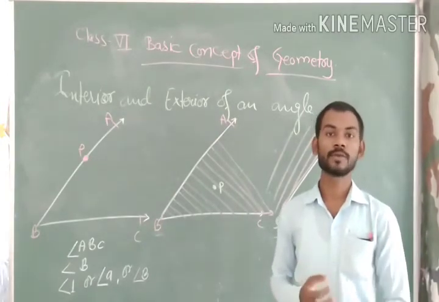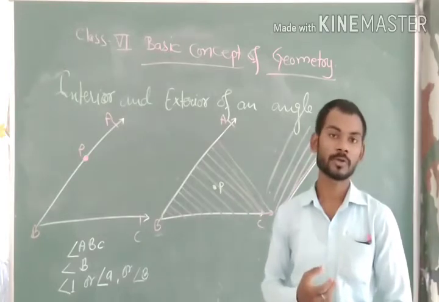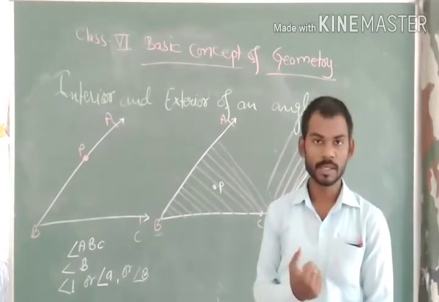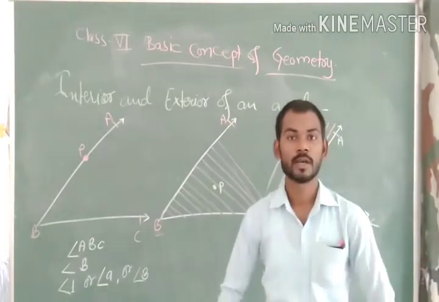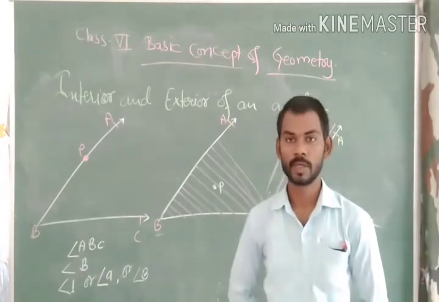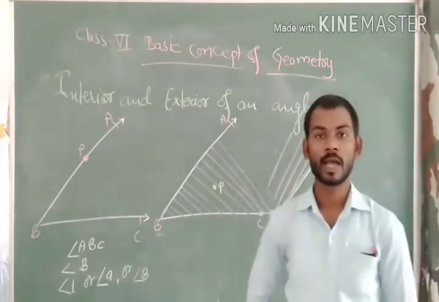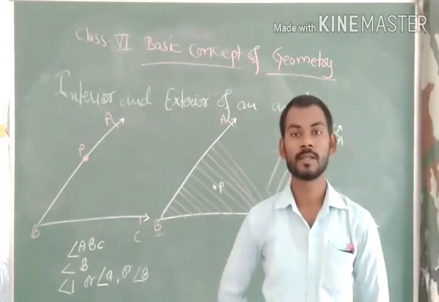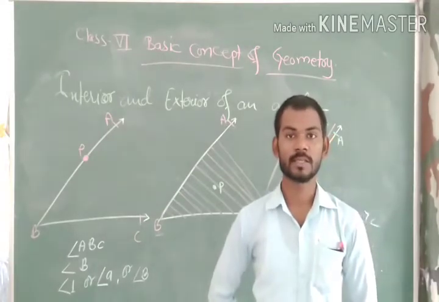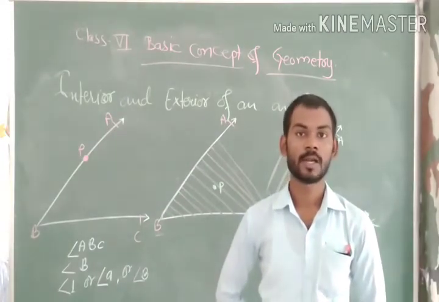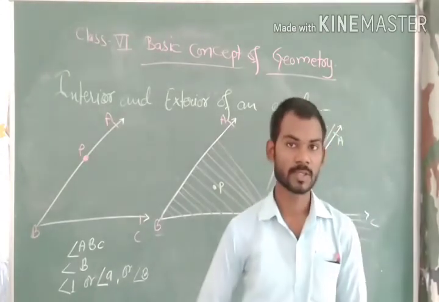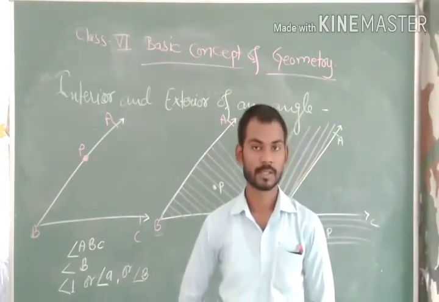In the last video we also talked about the interior and exterior of a closed figure, in which I told you interior is the region which lies inside the figure and exterior is the region which lies outside the figure.